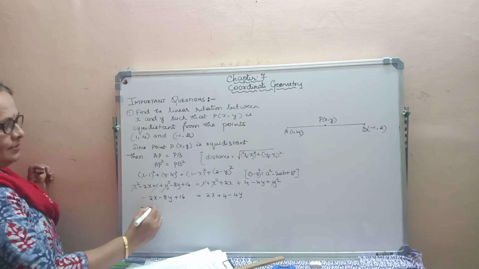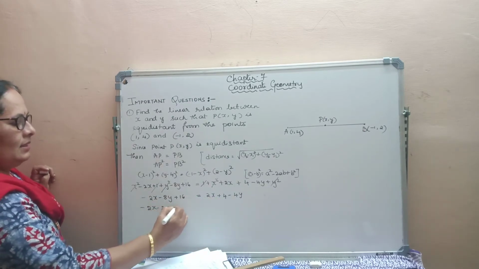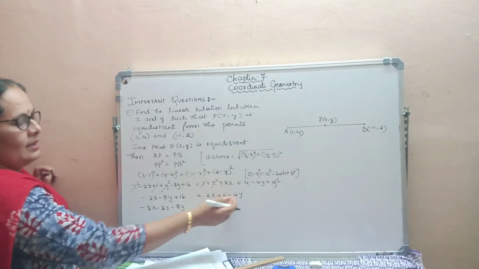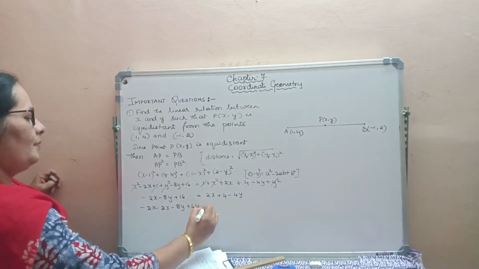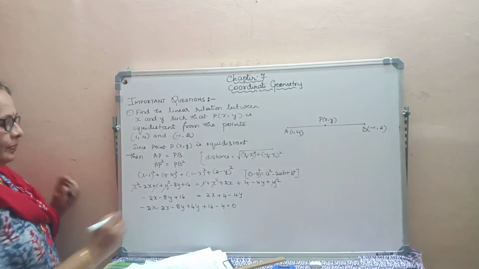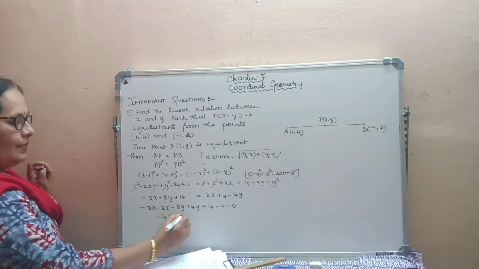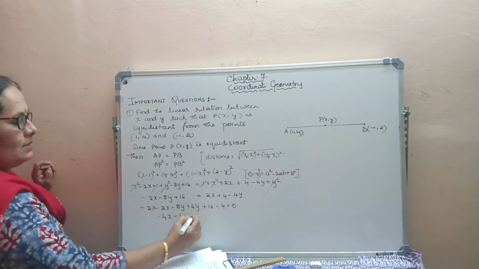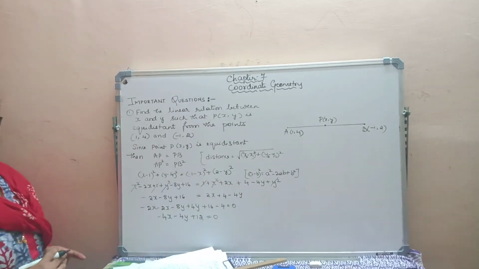So take this 2x to the left side, which is minus 2x. Then minus 8y, this is plus 4y. Then plus 16 minus 4 equals 0. So which is minus 4x minus 4y, 16 minus 4 is plus 12 equals 0.